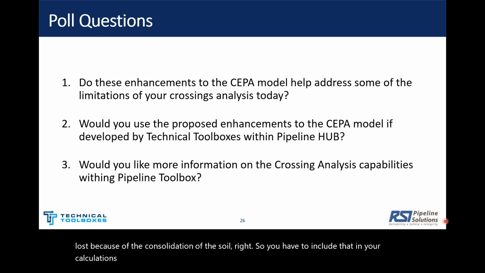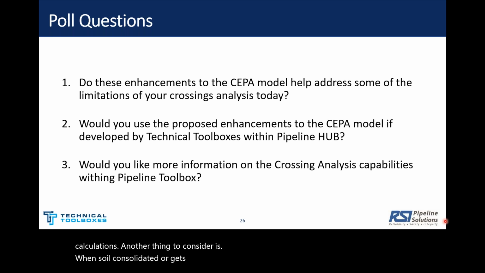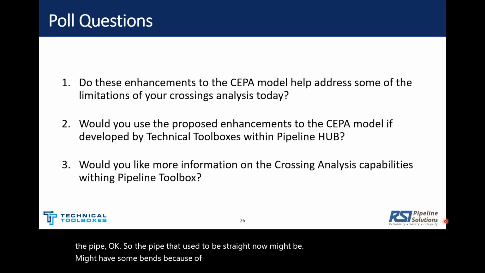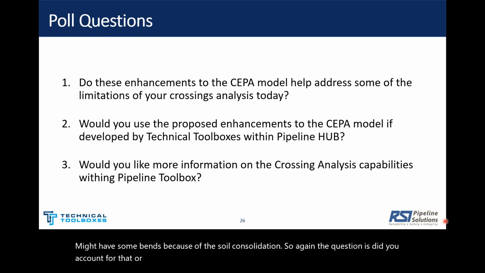Another thing to consider is when soil consolidates or gets more compact, you could get differential settlement under the pipe. So the pipe that used to be straight now might have some bends because of the soil consolidation. So again, the question is, did you account for that, or how you want to account for that?